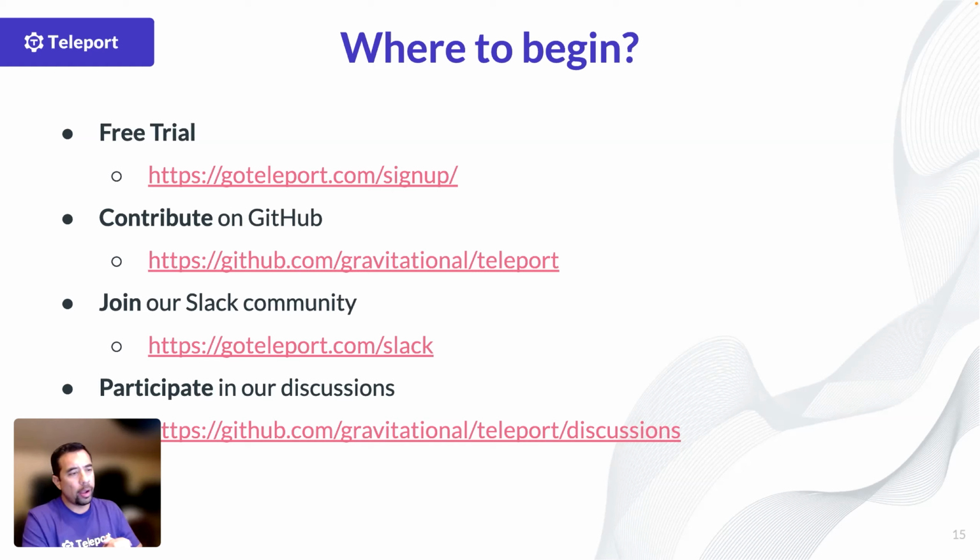We do have a free trial. So we have two options. You can host Teleport in your own environment today. We also have a SaaS version of it from an enterprise side. So companies that don't want to deal with that infrastructure piece of it. So you can actually go and sign up there. And then, our discussions we have along that line as well.